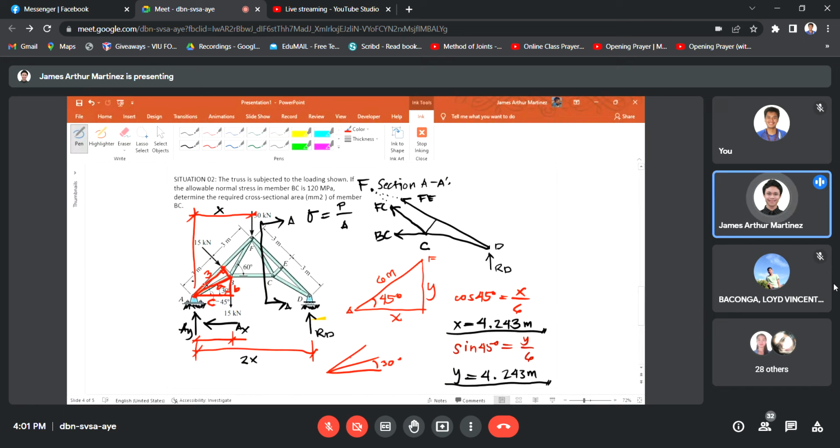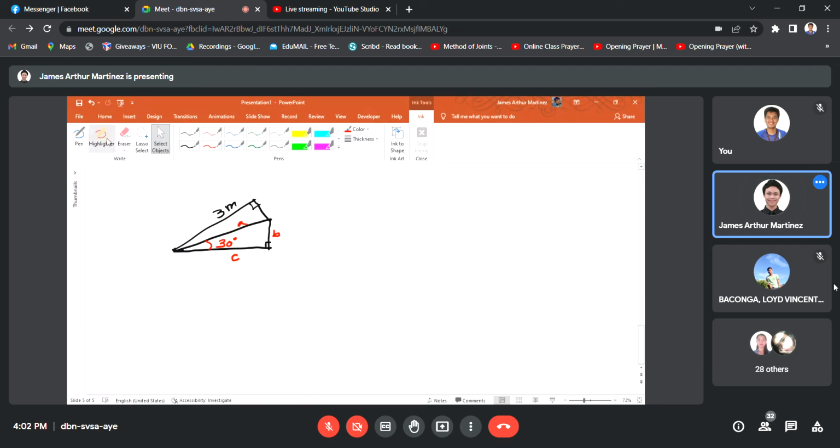And the angle at point A of this triangle would be 15 only, because of the orientation. Your member A to F is inclined 45 degrees, so this triangle's angle is 15 degrees: 45 minus 30.